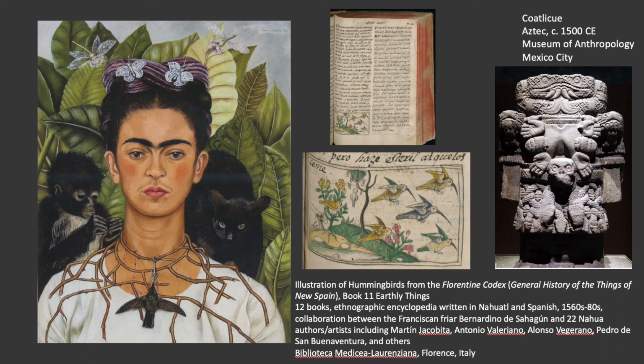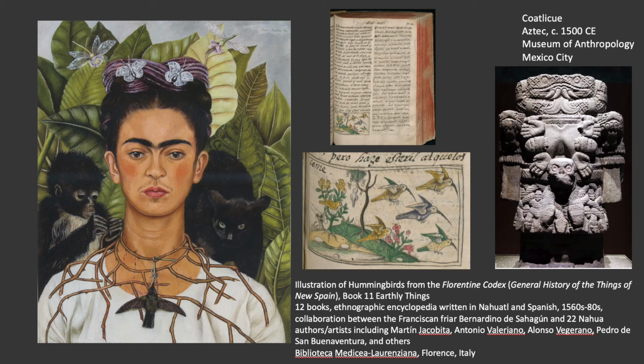And so scholars have noted that the frontality of Kahlo's self-presentation, the thorn necklace, calls to mind the Aztec female deity of Coatlicue. And so I'm illustrating here on the far right-hand side of the slide, the monolith of Coatlicue, which dates from around 1500 of the Common Era. And this monolith represents the principal female deity of the Aztec people.